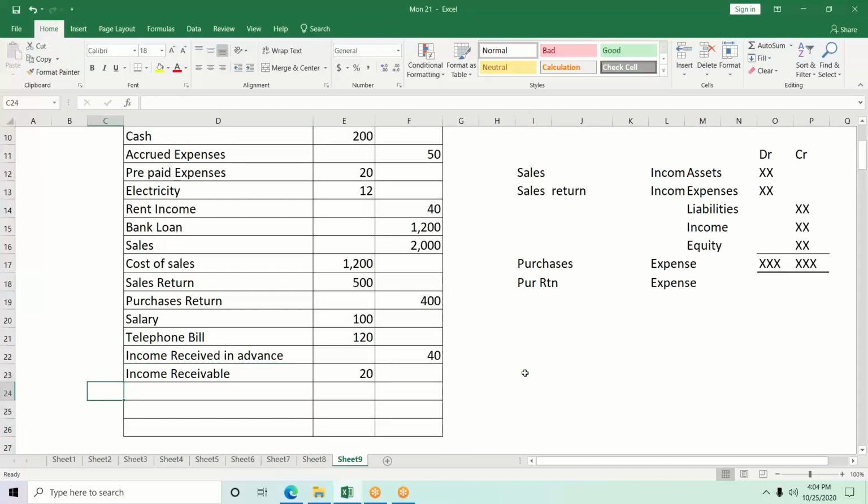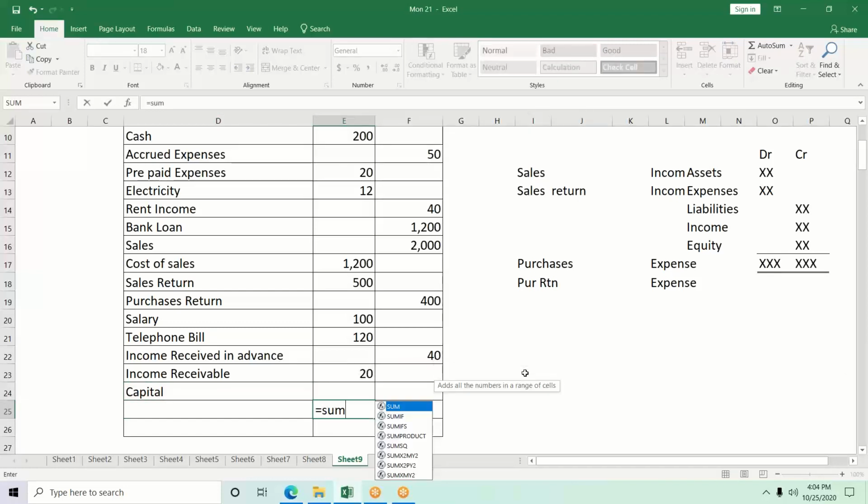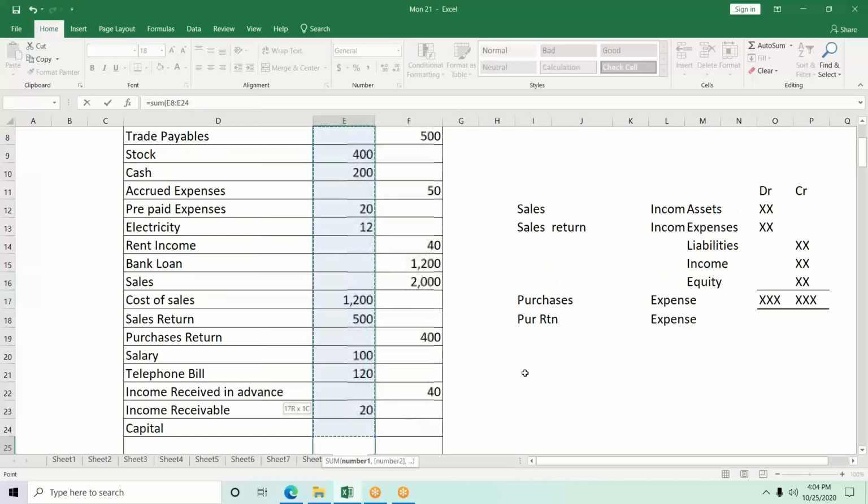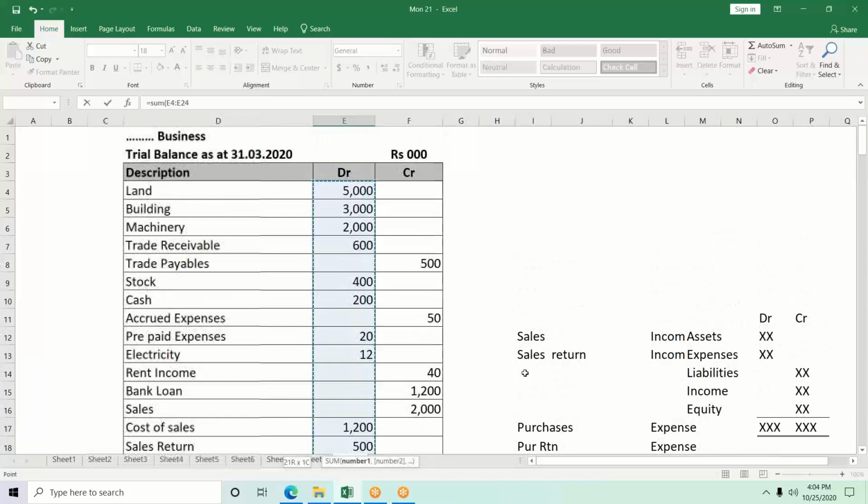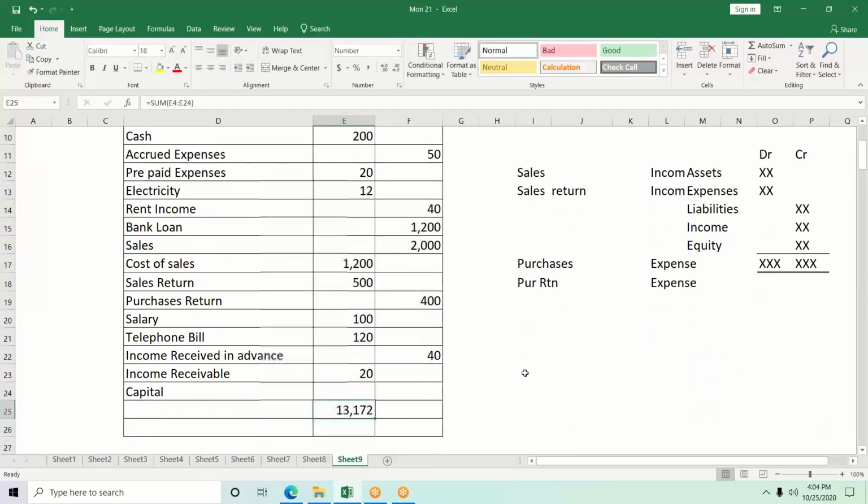Then how much would be the capital? Puta, when you are calculating the capital, the capital balance has not been given, so take the total of the debit side. You can use a calculator in taking the total, which is 13,172,000.